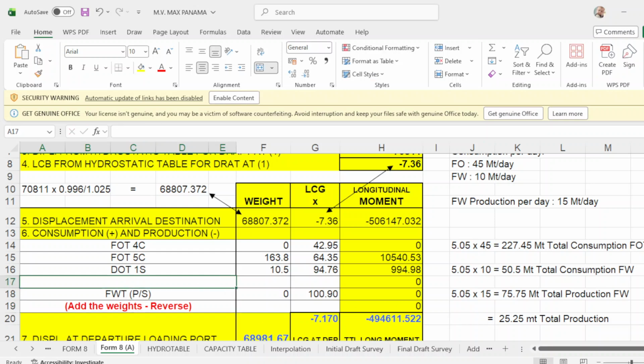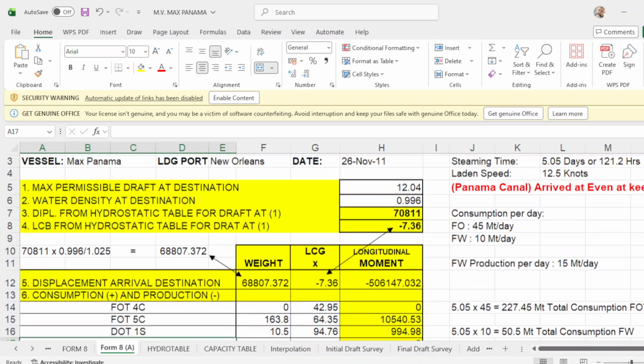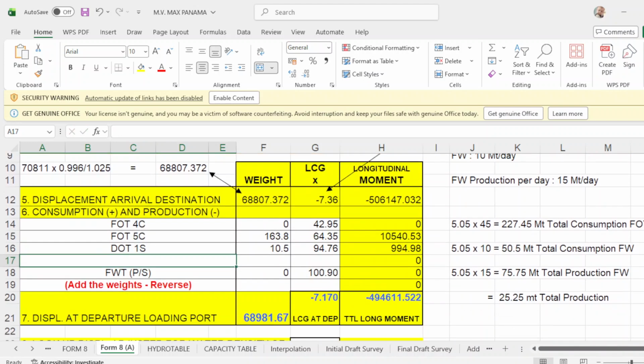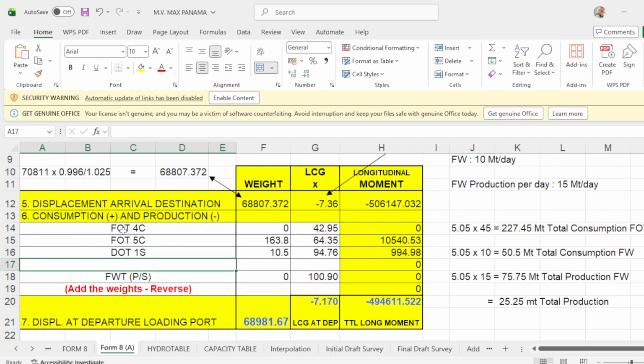Take note, guys, when going from New Orleans to Panama, you are going to have a consumption fuel of these figures. Instead of consumption or negative, you add.